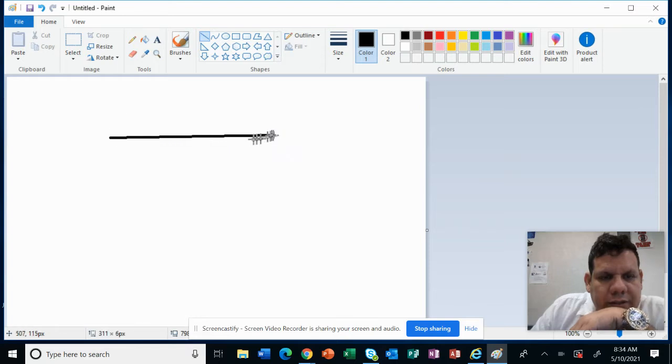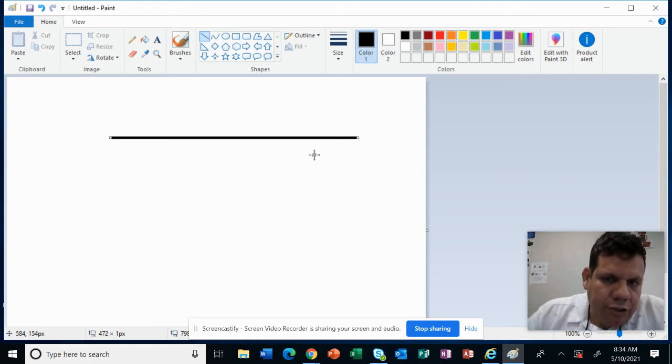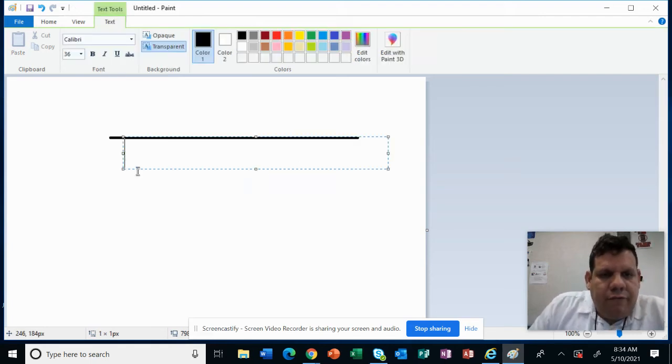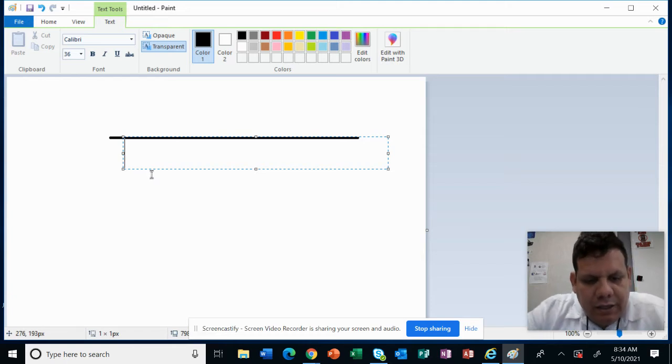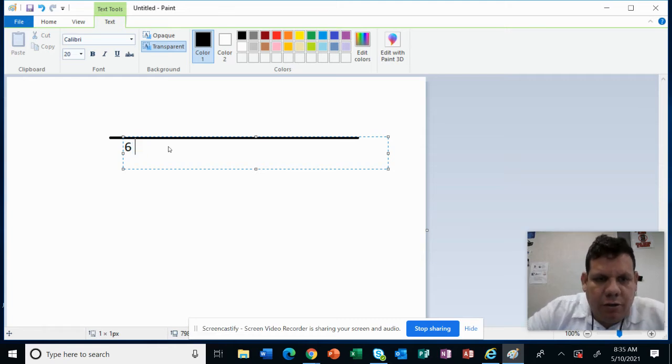Let's say that we have this line, and in this line, we're going to represent a student. The first student is 6 years old.